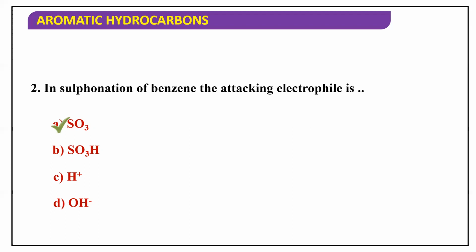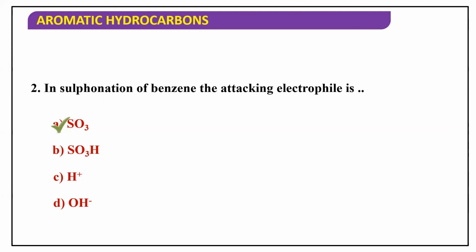So at this juncture, I want you to take a homework. When somebody is positively charged, we know that they are naturally attracted towards negative. They are naturally attracted towards electrons. Hence, they are called electrophiles. So if SO3 should be considered as an electrophile, it should have a positive charge, but it does not. It is a neutral electrophile.